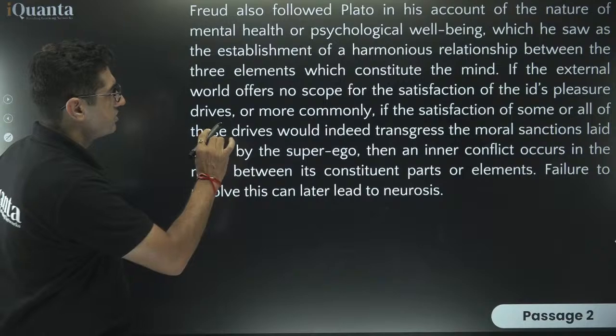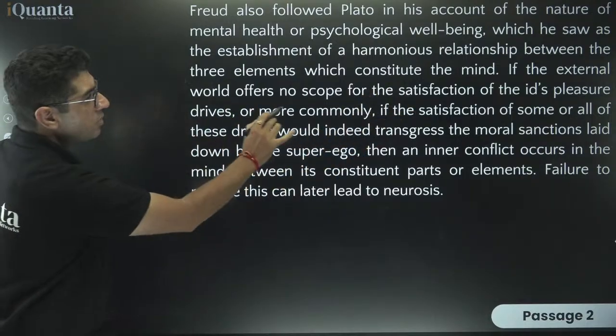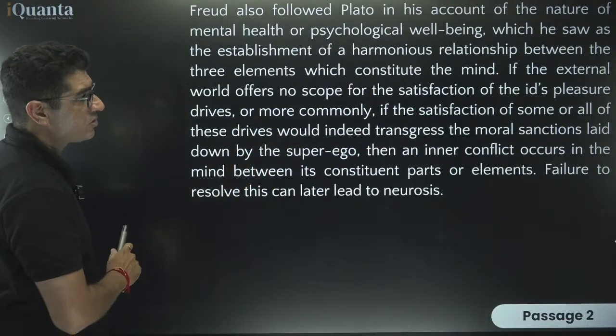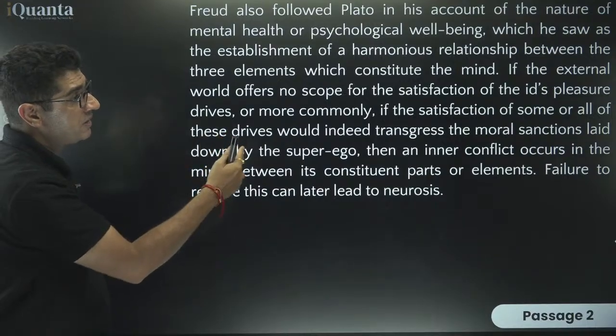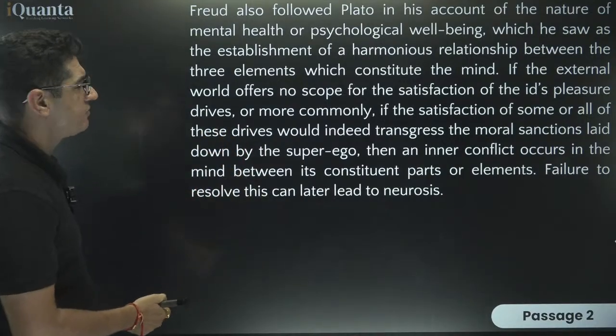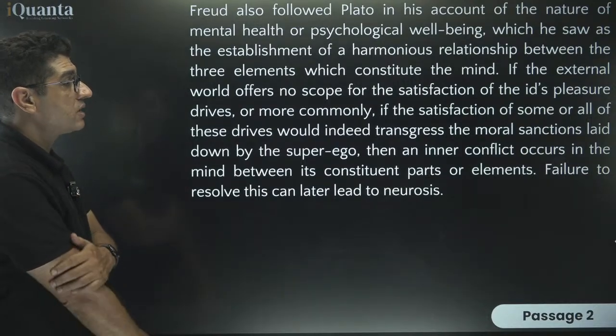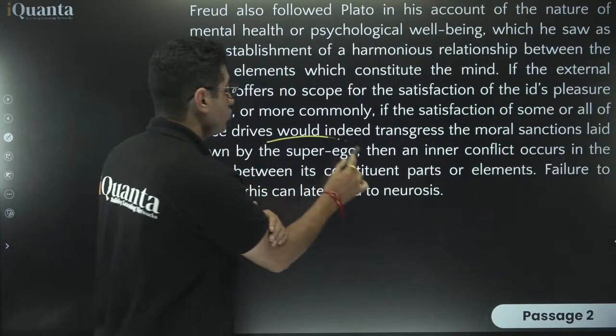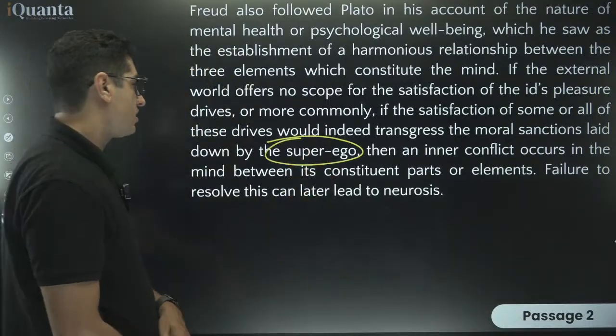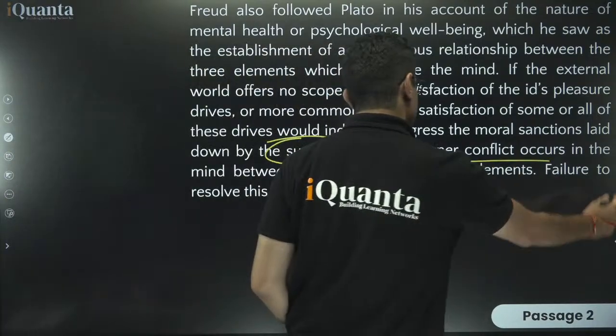Okay, check this. If the external world offers no scope for the satisfaction of the id's pleasure drives, or more commonly, if the satisfaction of some or all of these drives would indeed transgress the moral sanctions laid down by the superego, then an inner conflict occurs.